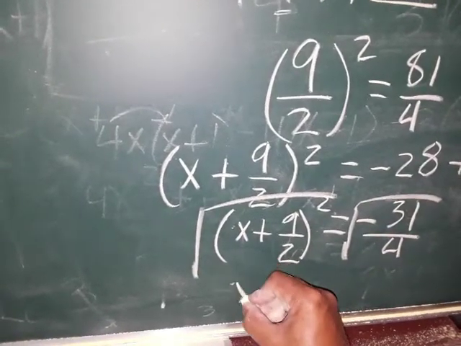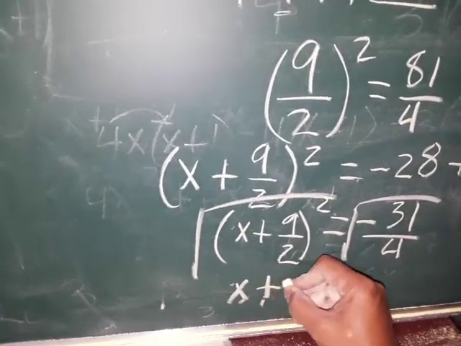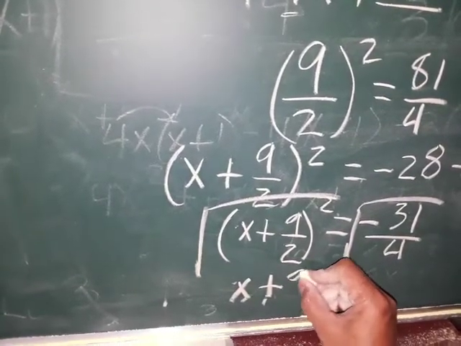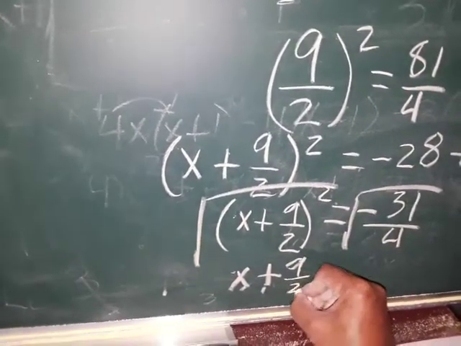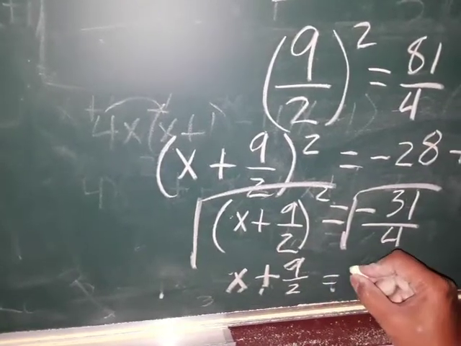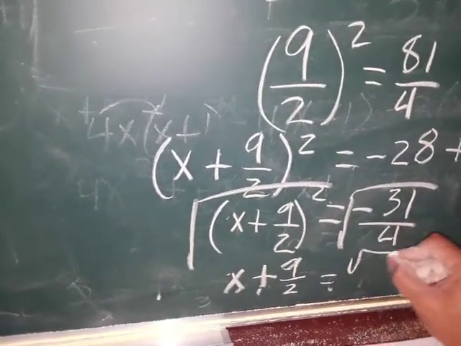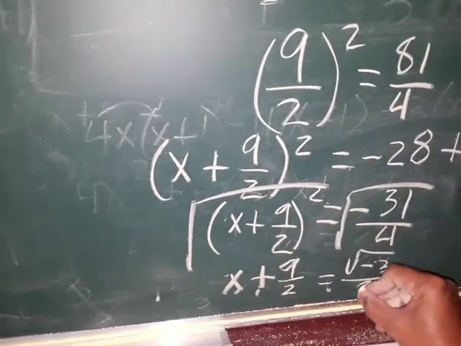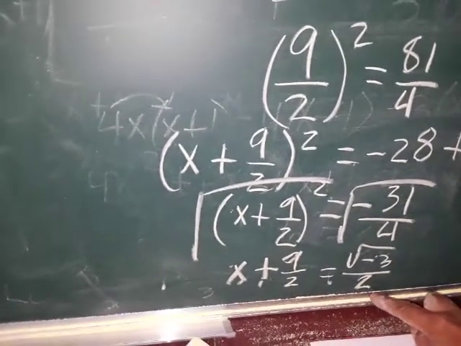Then, x plus 9/2 is equal to square root of negative 31 over 2. Square root of 4 is 2.